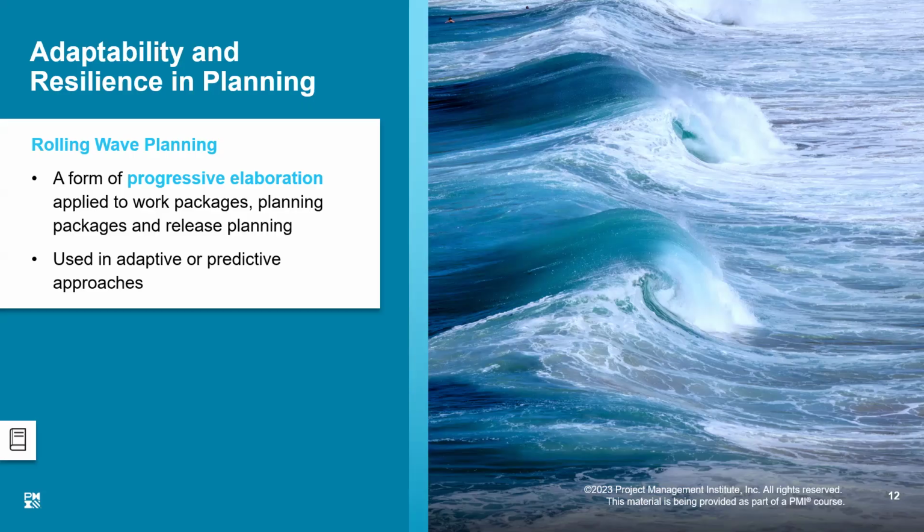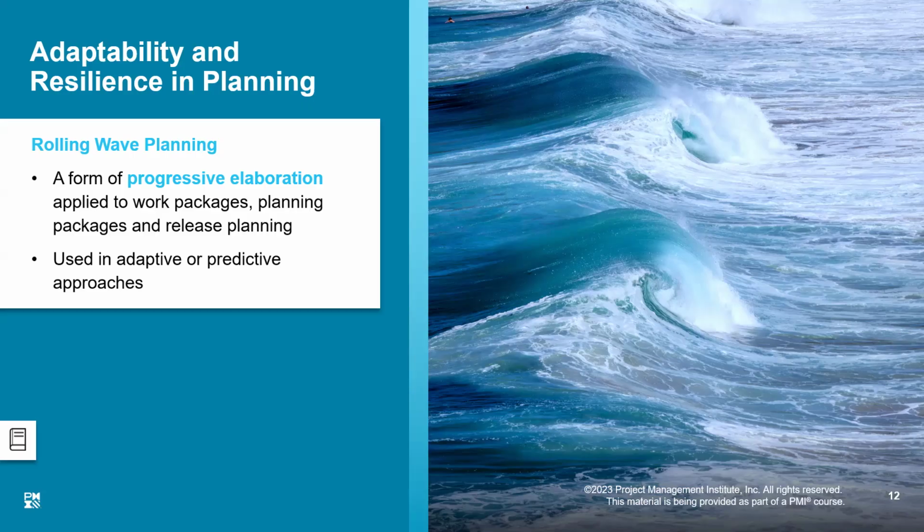So that is progressive elaboration in agile. When we are creating the product roadmap, we are deciding on the releases and the size of the iteration. This is all about progressive elaboration.